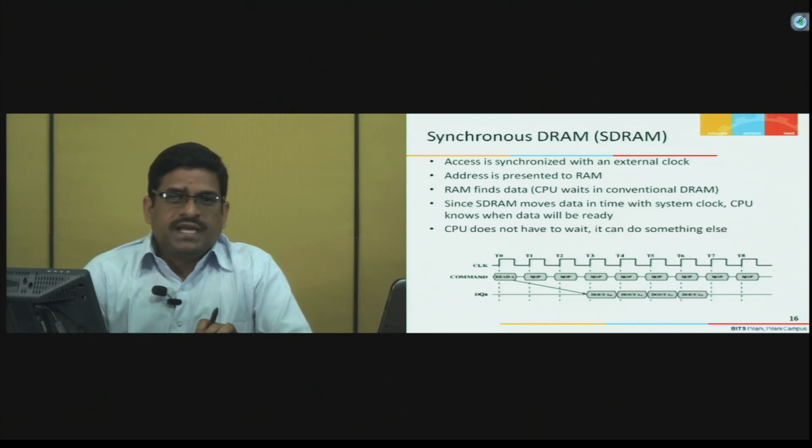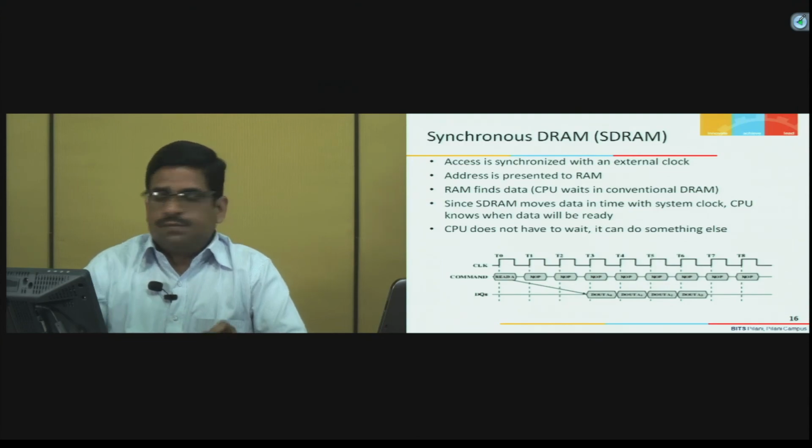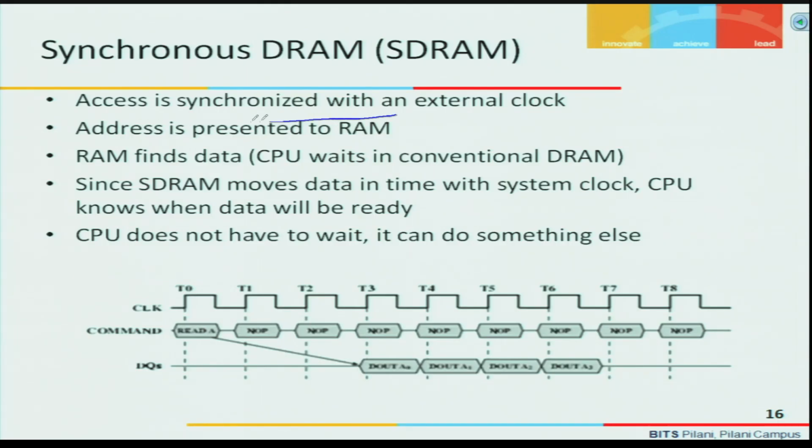Now, the DRAM memory which is basically used in computers is a synchronous DRAM. Synchronous means it is synchronized with respect to the processor clock. So, you can see in this diagram that the access is synchronized with an external clock. The address appears, the command is the read command, and after the read command it takes 2 cycles, that is the latency, and then it produces 4 bytes of information.